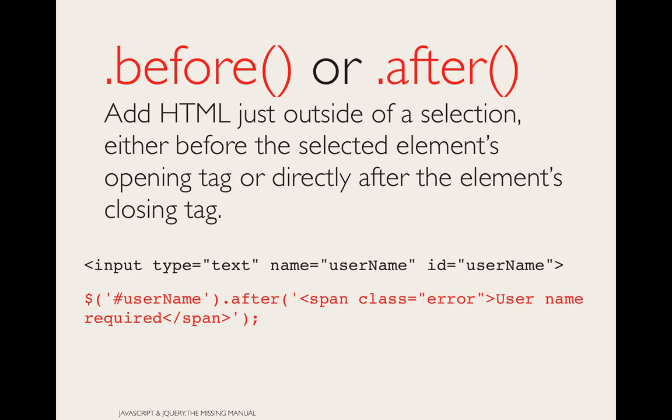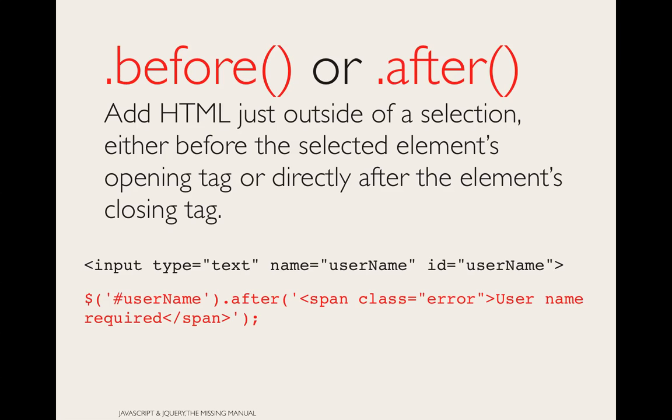Say we have some input with a type equal text, and we want to add some stuff after it. Say in a form, somebody forgot to put in their name in the name field, and they click the submit button, and you want to come back and give them some feedback that says, hey, the username is required.